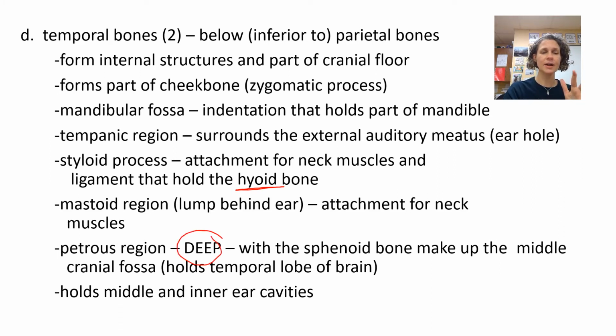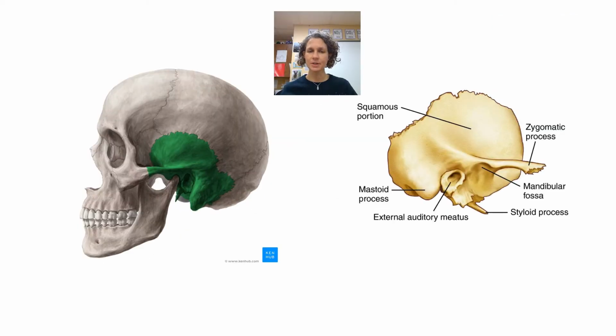Inside, this meets up with the sphenoid bone, another one of the cranial bones we'll talk about, that make up part of the middle cranial fossa, so that bowl, and it holds the temporal lobe of the brain. The other big thing that your temporal bones do is they are the housing for your middle and inner ear cavity. So this is where your sense of hearing is, and then also your sense of balance, your equilibrium.